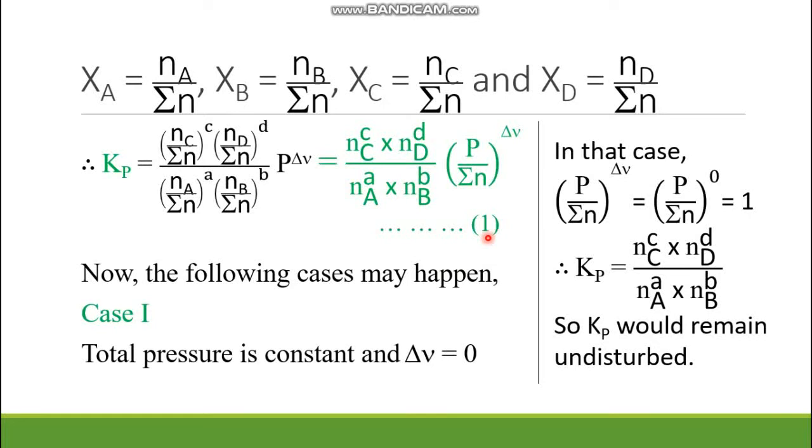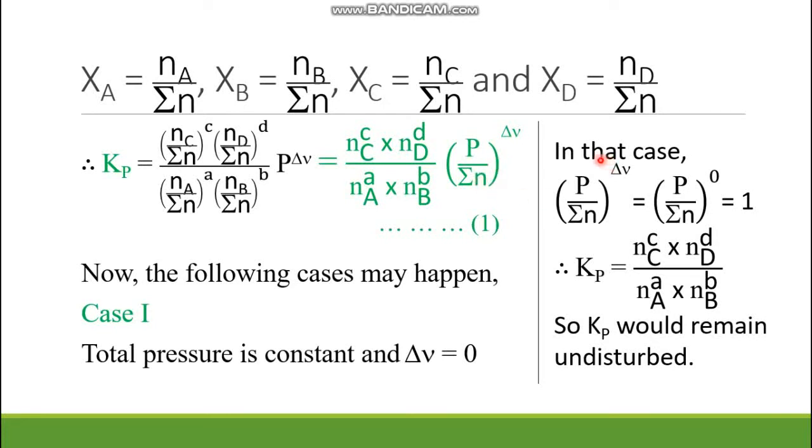If total pressure is constant and delta nu is 0, that means the stoichiometry of products and the stoichiometry of the reactants are the same, in that case delta nu equals 0. Let us put delta nu equals 0 in equation number 1.